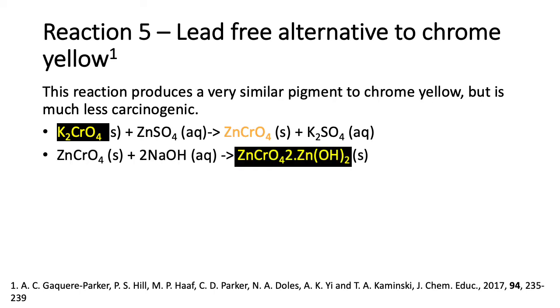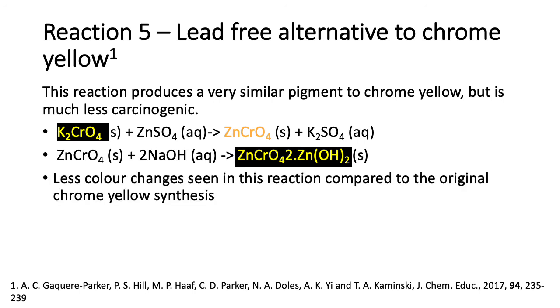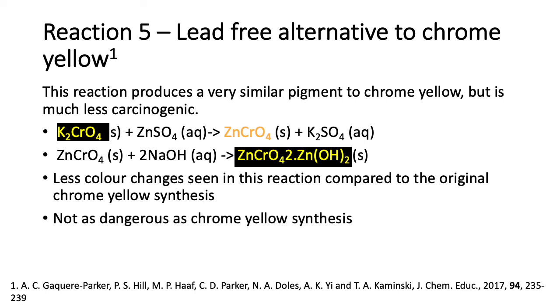This complex then reacts with sodium hydroxide to form a very bright yellow pigment, very similar in look to chrome yellow. But there are fewer color changes, not as interesting as the actual chrome yellow synthesis. But it isn't as dangerous, which is a good thing. Still dangerous though.